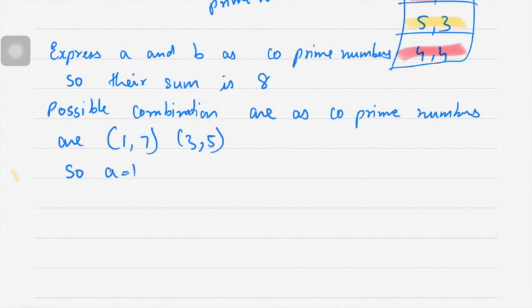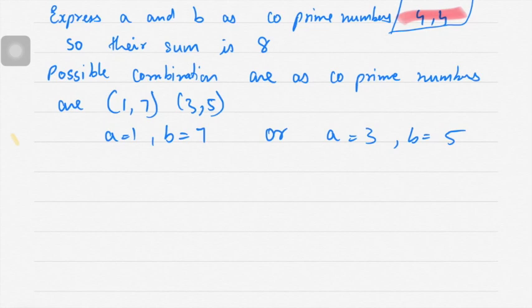So if A is equal to 1, B will be equal to 7. Or if A is equal to 3, B is equal to 5. Right?